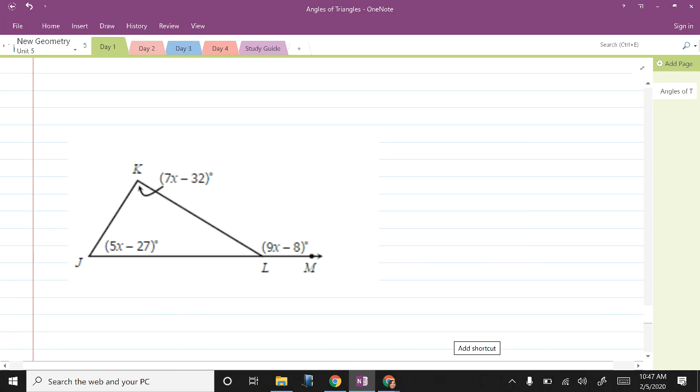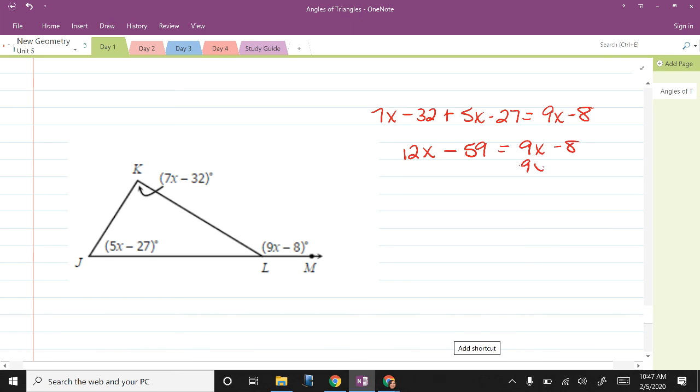Now, how would I set this one up? We've done these. Add K and J, and set it equal to the exterior angle, right? So 7x minus 32 plus 5x minus 27 equals 9x minus 8. Combined like terms, 12x minus 59 equals 9x minus 8.